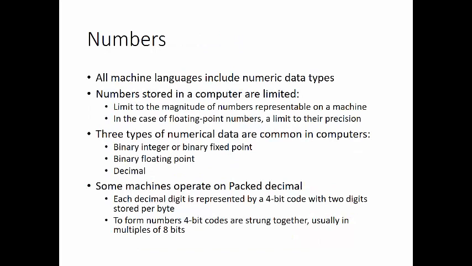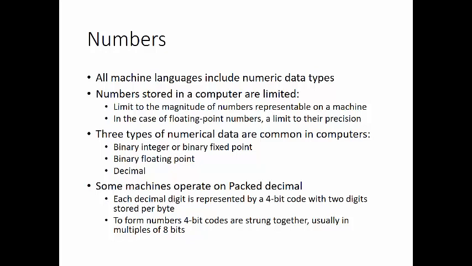So numbers. All machine languages include numeric data types. That shouldn't be a surprise. Numbers are stored in a computer, and they're limited by the magnitude of the numbers representable on the machine. And in the case of floating point numbers, a limit to their precision, which you might be familiar with from the IEEE 754 standard.